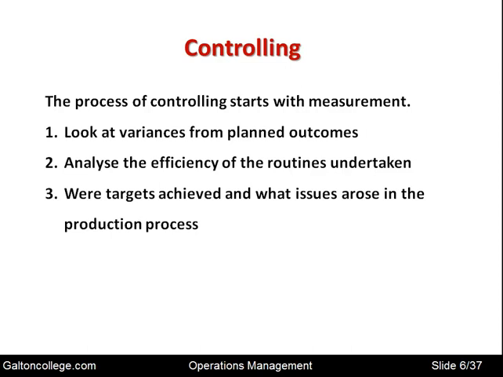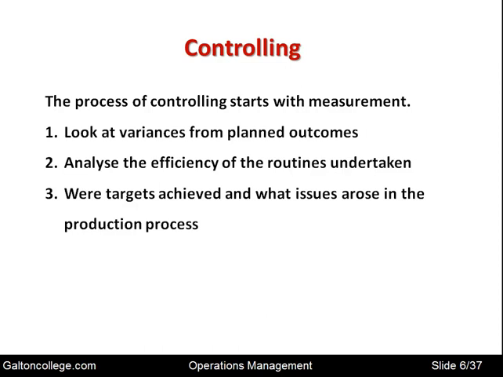Were targets achieved and what issues arose in the production process? So were the targets achieved? Where did we achieve what we set out to achieve? And if we did, could the targets be increased? Perhaps we achieved the targets and still had some slack in the system.